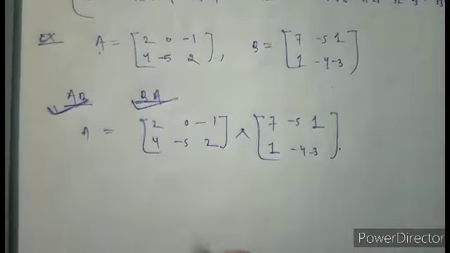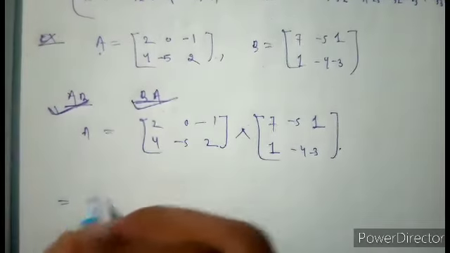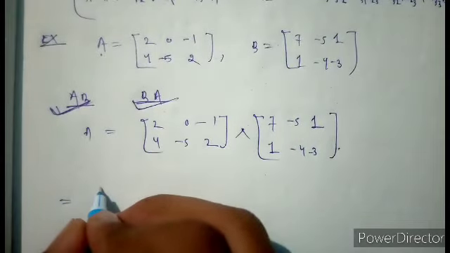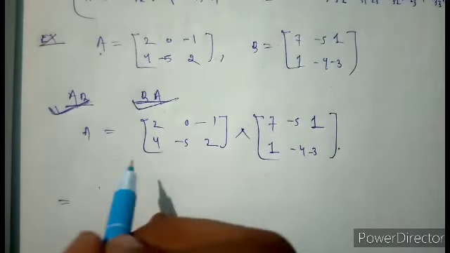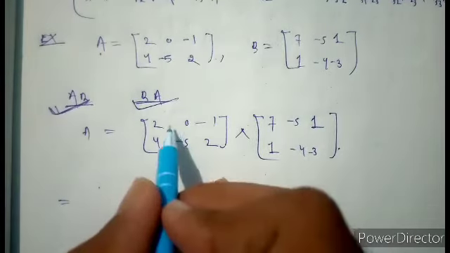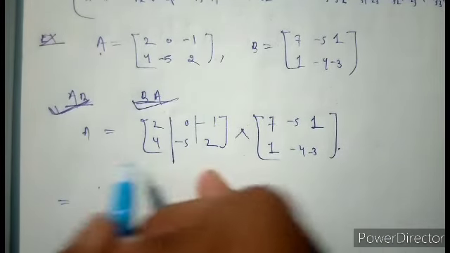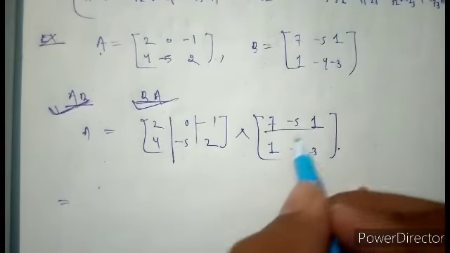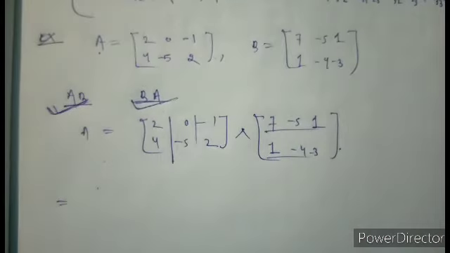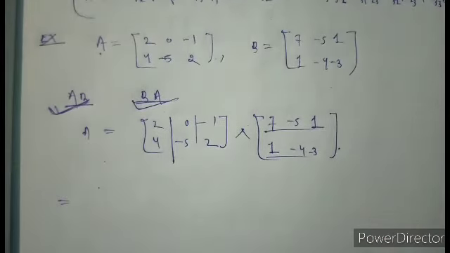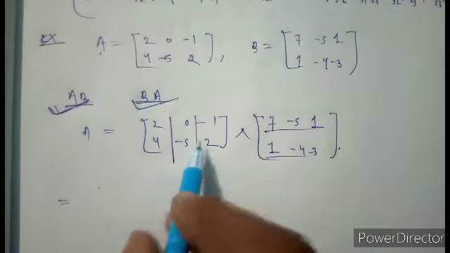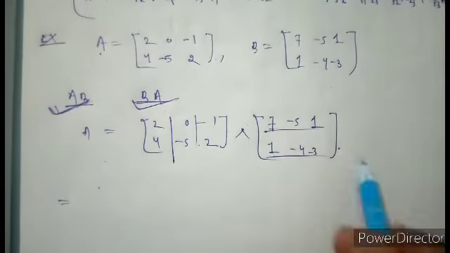Okay, then first we have to see the condition. The number of columns of the first matrix must be equal to the number of rows of the second matrix. Here the number of columns is 3 and the number of rows is 2.